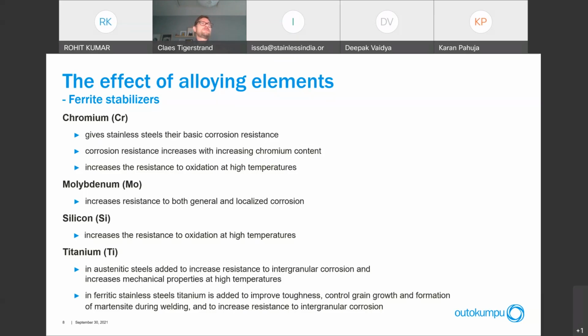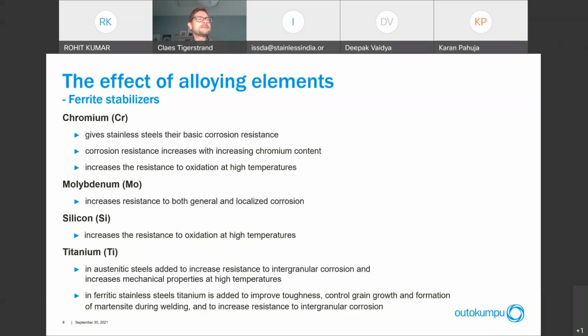Molybdenum increases resistance to general and localized corrosion even further, and we will come back to that, at least today, related to localized corrosion to see the beneficial effect of molybdenum. Then we have silicon. It increases the resistance to oxidation at high temperature as well. So the combination of chromium and silicon is important for the high temperature resistance.